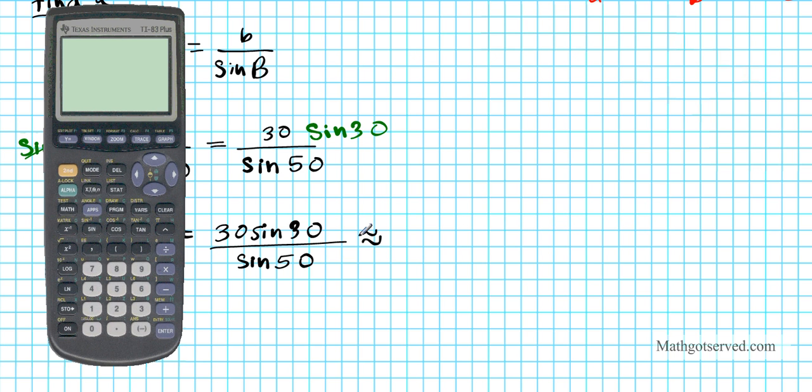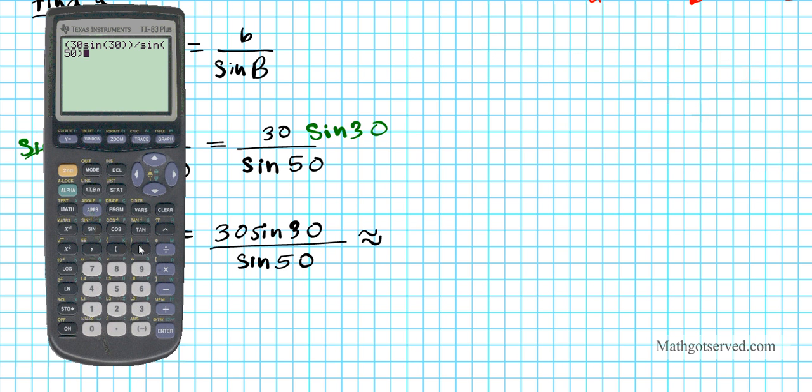So let's bring out our calculators. Make sure that our mode is set to degrees. Let me go ahead and fix that real quick because our angular measures are in degrees in this problem. So we're going to do parentheses 30 sine 30, close that, divided by sine 50.